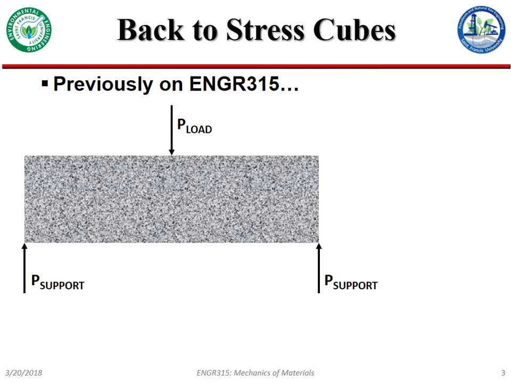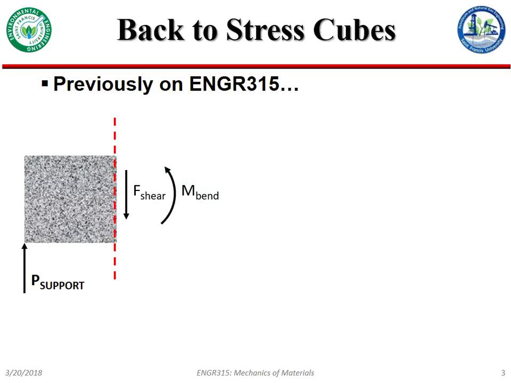So previously in ENGR315, we had a nice little three-point bending problem, right? And we could cut that at a cross section, find some shear loads, find some bending loads.